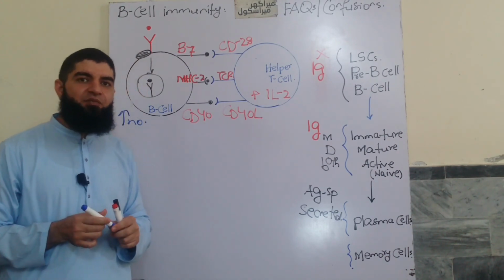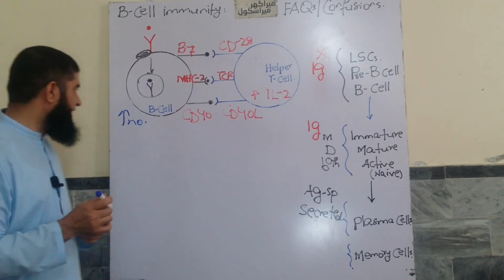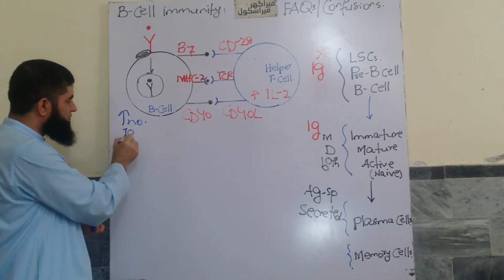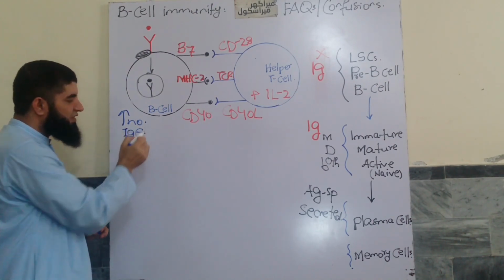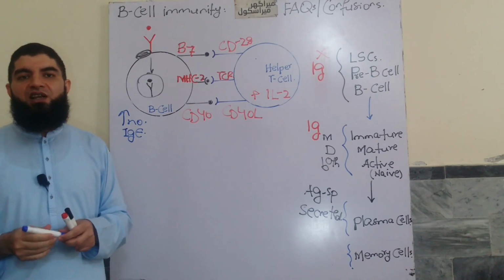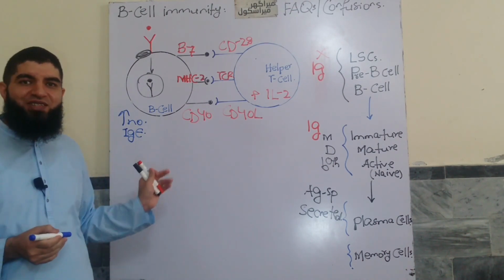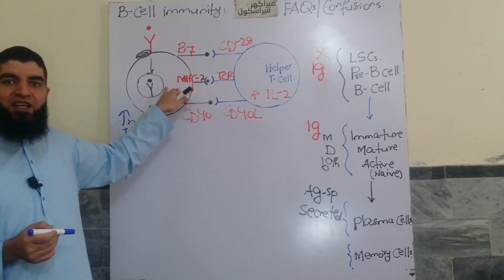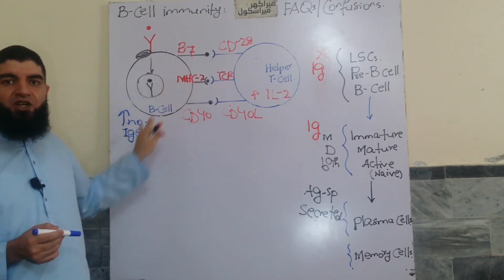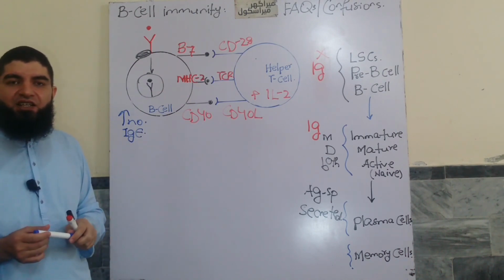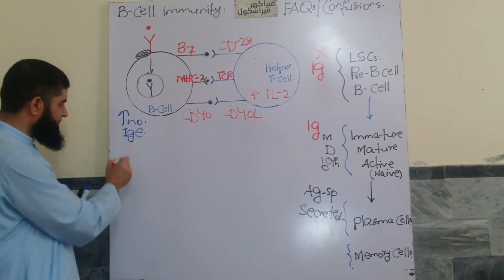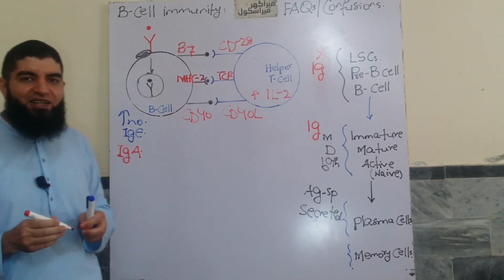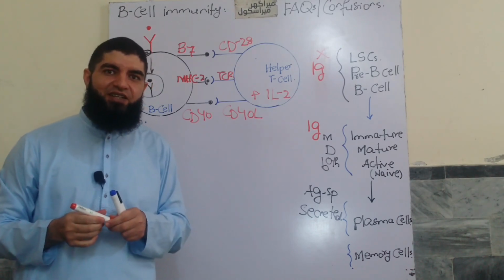At the same time, interleukin 4 not only causes expansion, it causes class switching of antibody formation towards IgE, so that these activated B lymphocytes can switch their antibody formation towards IgE. Similarly, interleukin 5 causes IgA class switching.